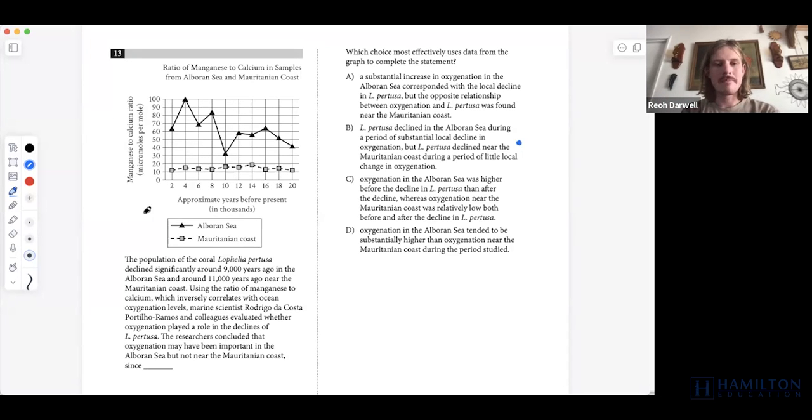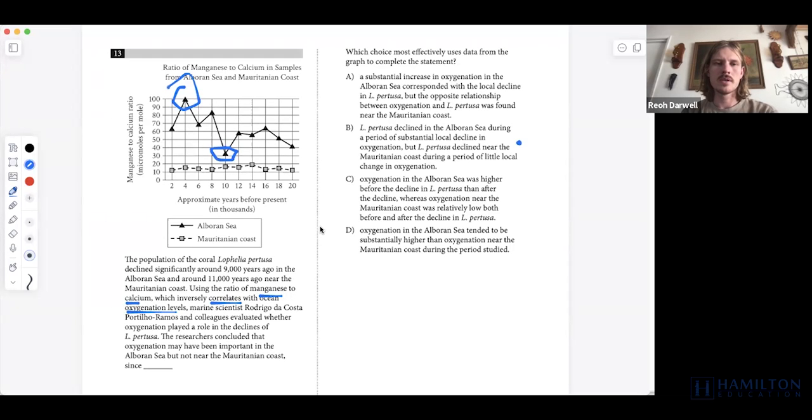Okay, so manganese to calcium ratio is negatively correlated or inversely correlated with oxygenation levels. So oxygen levels would be really low here, right? So when manganese is high, oxygen is low, and oxygen levels would be really high here.